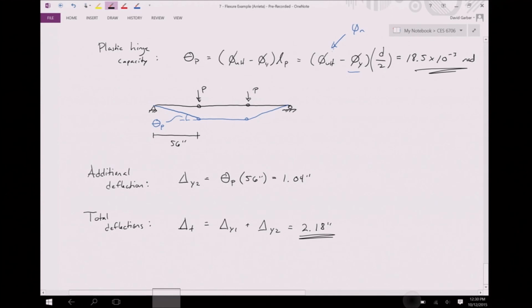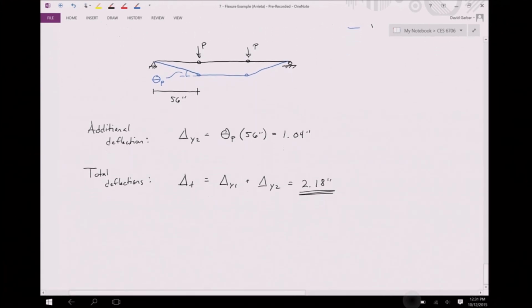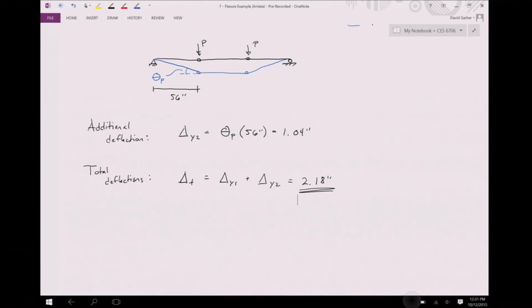Alright, so we can use these points to construct our load deflection curve. So I'll let you do this on your own. But you can use our moment capacities to find our P's, and then we found our deflections. So this should be pretty straightforward. So you can see that using just our ACI nominal approach, we only got a total deflection capacity of 2.18 inches. So you can see, from our video that there was a substantially larger deflection than that.